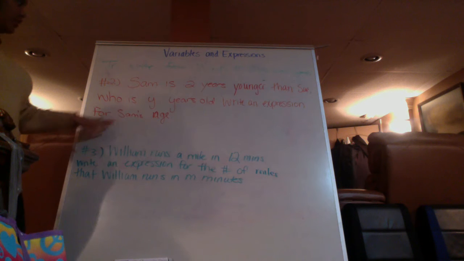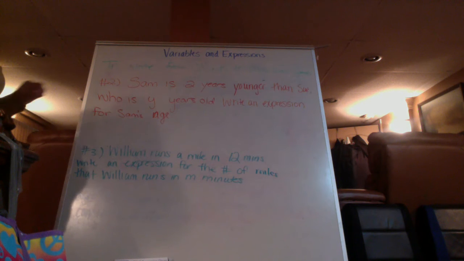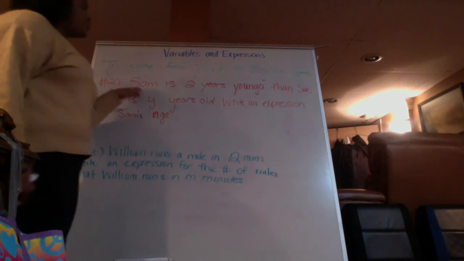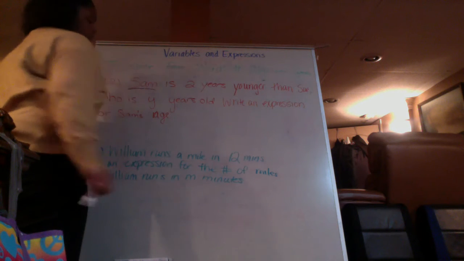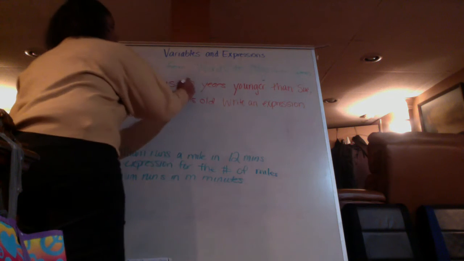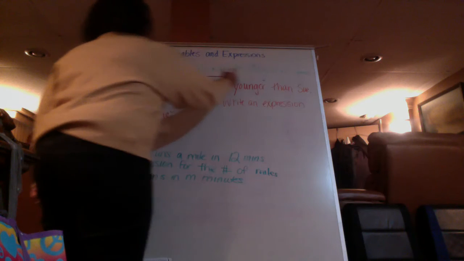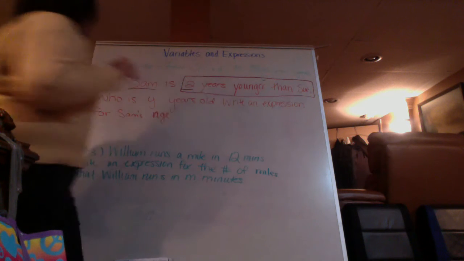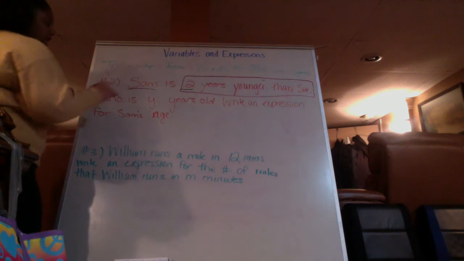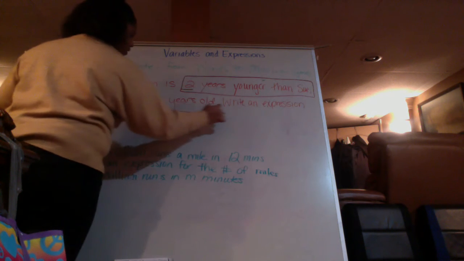So we're talking about Sam's age. That's like the subject. So Sam is 2 years younger than Sue. Okay, so Sam, that's important. We need to know who we're talking about. Sam is 2 years younger than Sue. And Sue is Y years old.